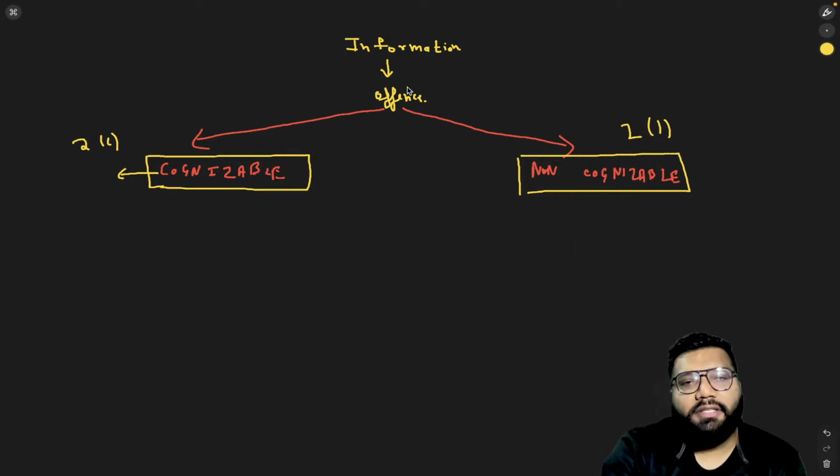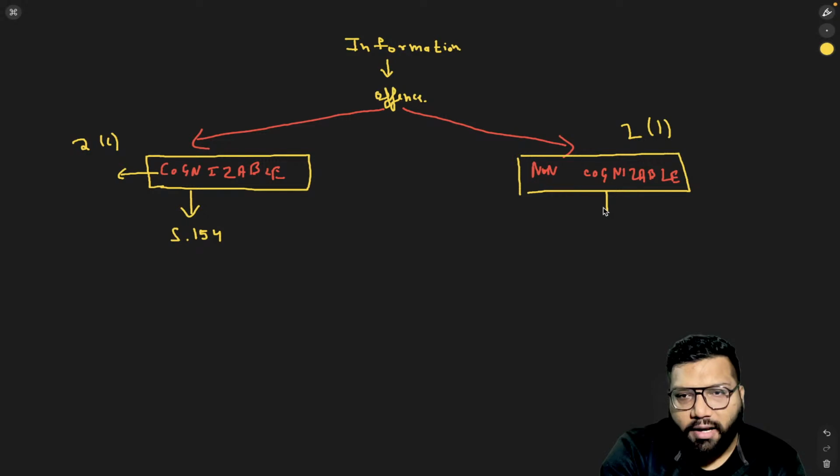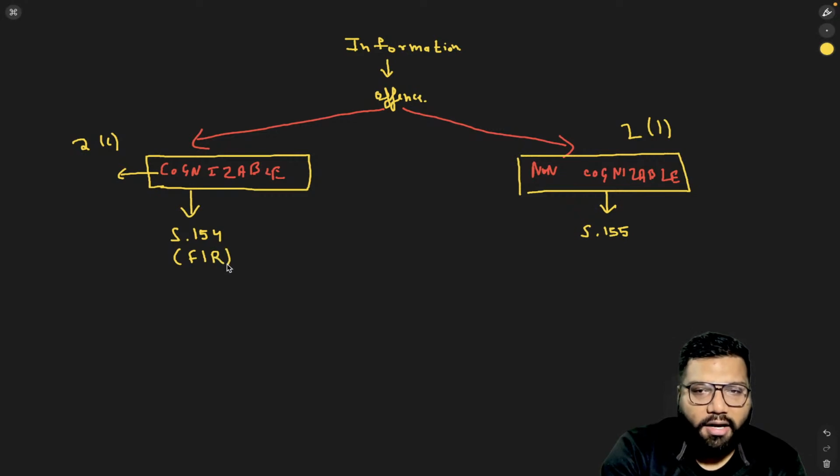Now, whatever offense has been committed, when the information is given to the police officer, if it is about a cognizable offense, it will fall under section 154. And in case of 2L, it will fall under section 155. You can say basically this is the concept of your first information report, that is FIR, and 155 is your NCR, that is your non-cognizable report.